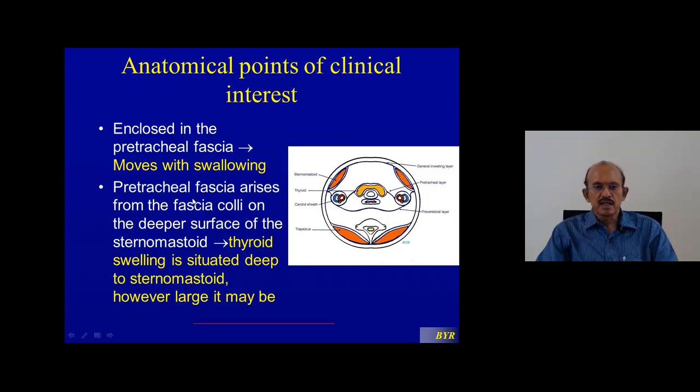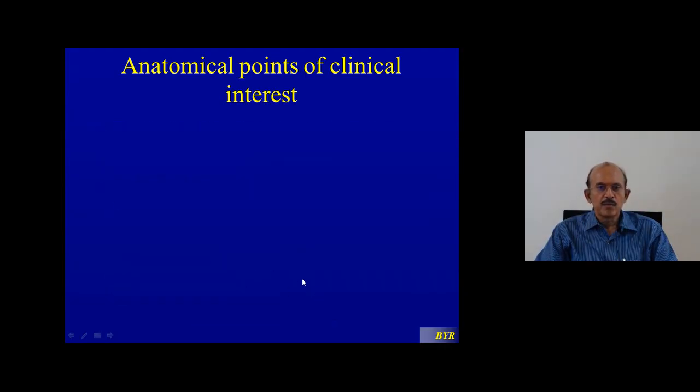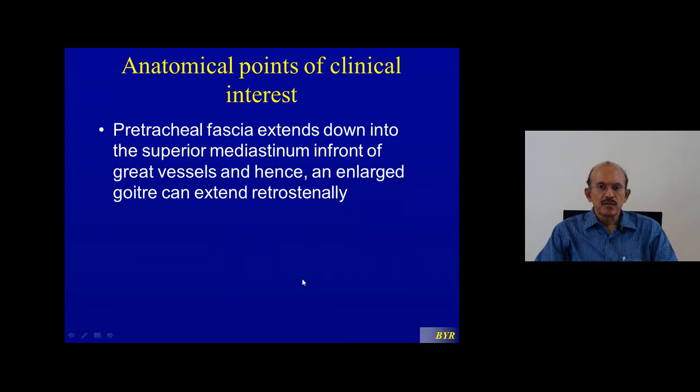So because it is arranged from the pretracheal fascia, which arises from the fascia colli and the deeper surface of the sternomastoid, the thyroid gland is always situated deep to the sternomastoid, however large it may be. Pretracheal fascia extends into the superior mediastinum in front of the great vessels, and hence an enlarged thyroid goiter can extend retrosternally.